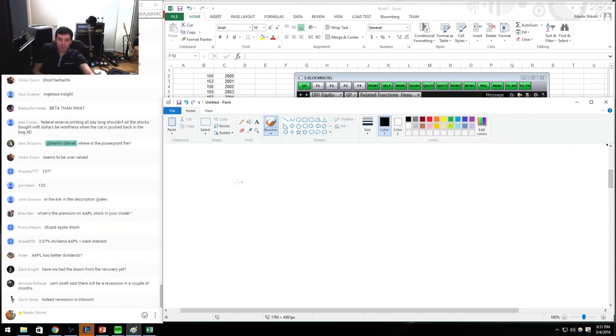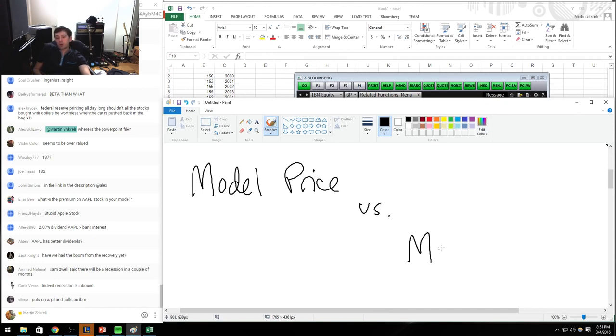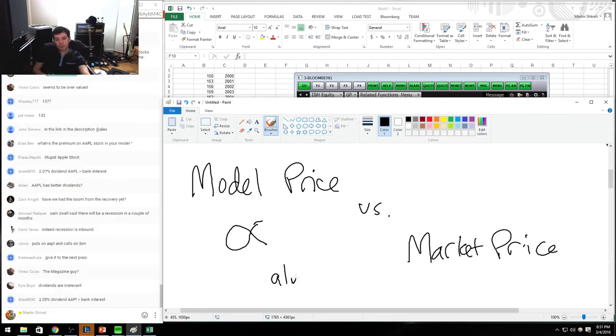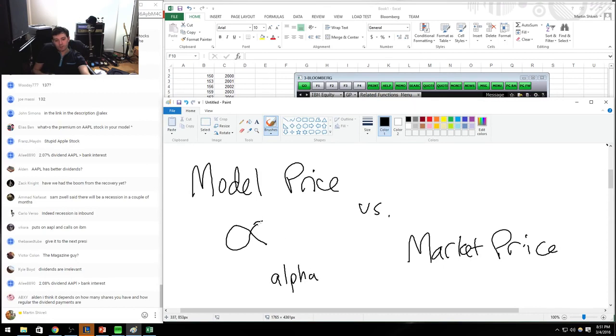So the concept of the modeled price, or expected price, versus the market price, we can actually call that alpha. That's what it's called, alpha. Beta is the market movement.